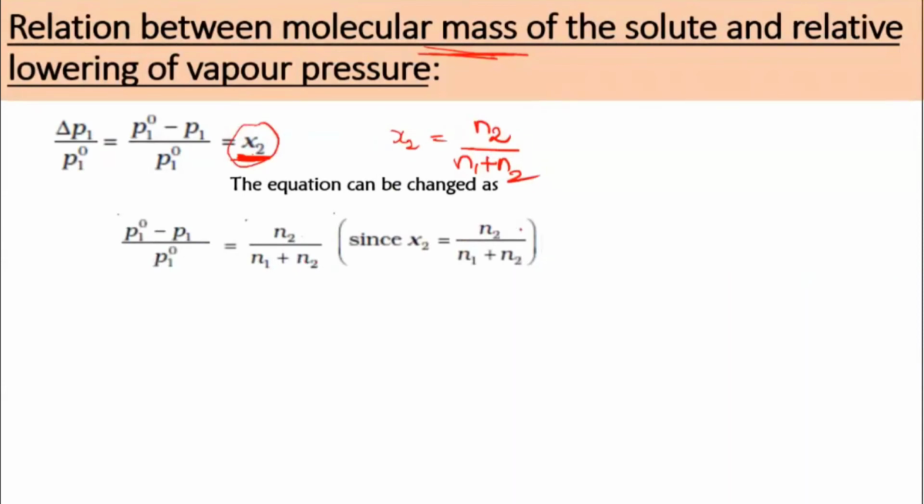And I told you this relative lowering is done for dilute solution, where the number of solute particles compared with the solvent is very less. So if you compare the moles of the solute to the moles of the solvent, this value is going to be very small. So if you want, you can ignore it, because the value comes out to be very low.